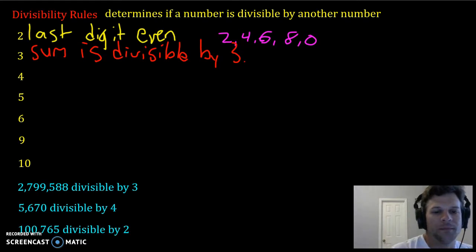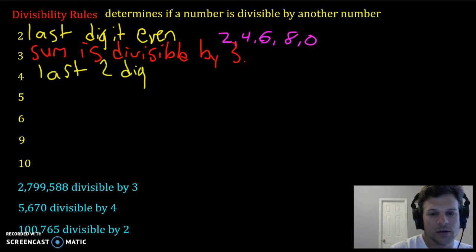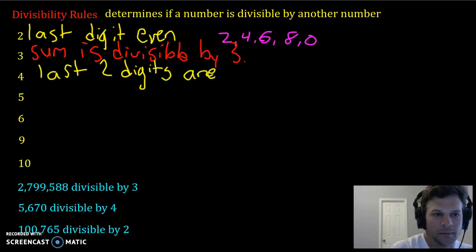For number 4, the last 2 digits are divisible by 4.